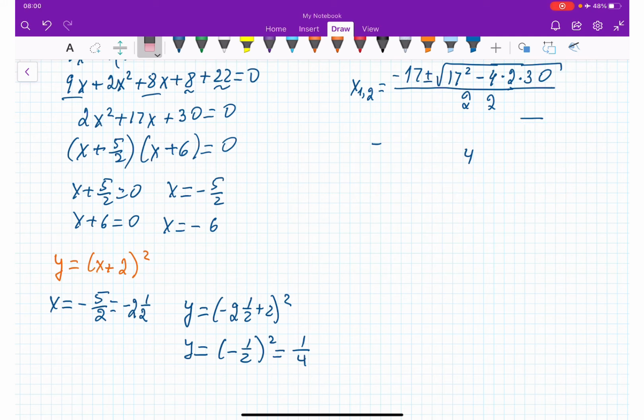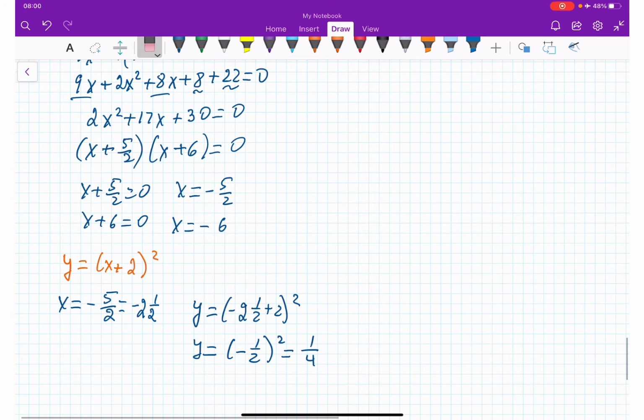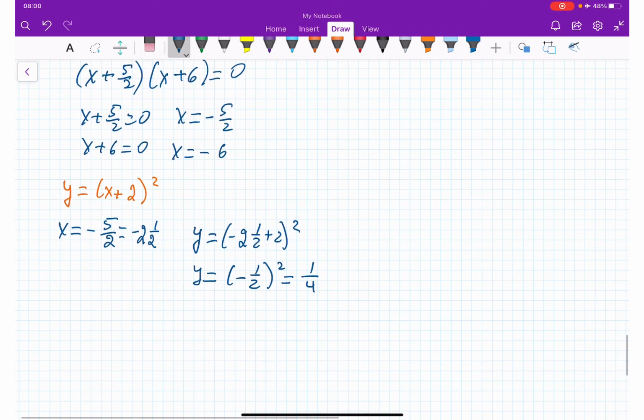All right, that's good enough. So we have here, the answer is going to be x is negative 5 over 2 and y is 1 over 4, right? Now the next one, x is equal to negative 6, so y is equal to negative 6 plus 2, squared.